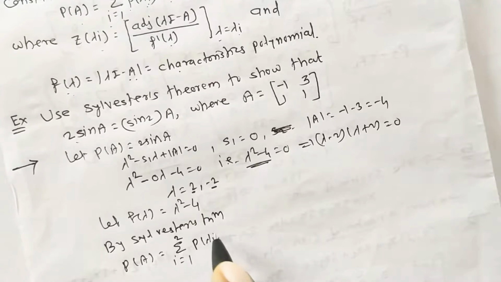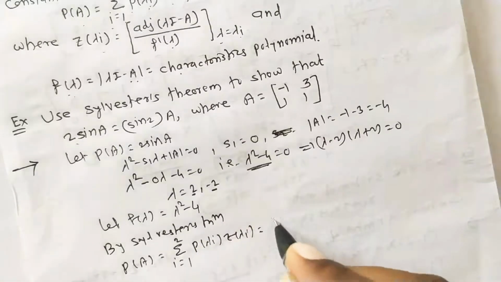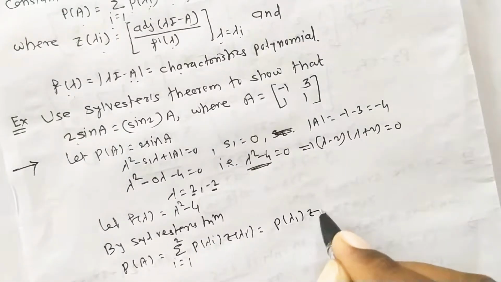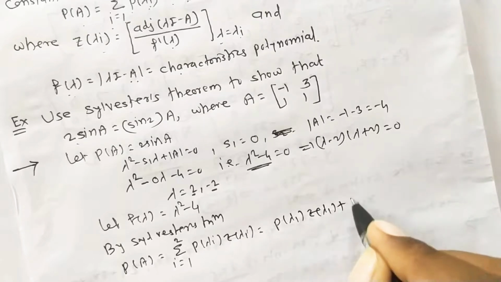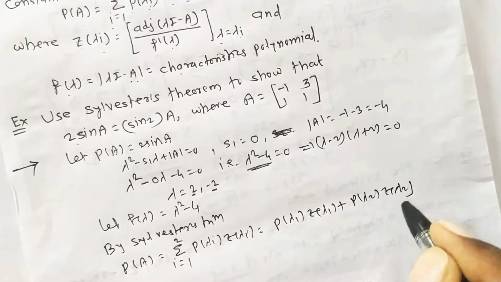Here we get two eigenvalues, 2 and minus 2, so we can write P of lambda 1 Z of lambda 1 plus P of lambda 2 Z of lambda 2.